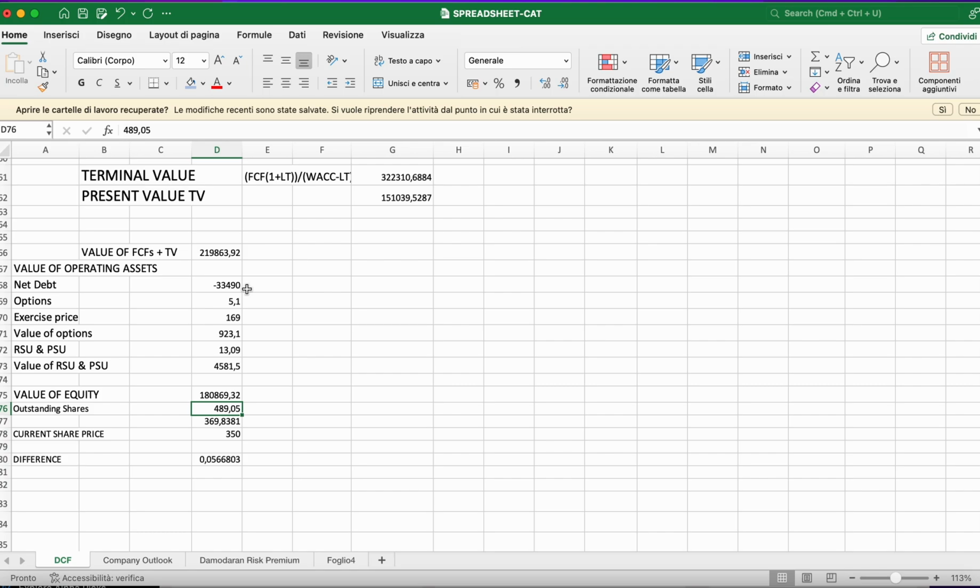It has, last time I checked, 5.1 million outstanding options that could be exercised. The exercise price is 169, the weighted average one. So that means that they're most likely to be exercised, all of them. I didn't use the Black-Scholes model, just to simplify the whole process.